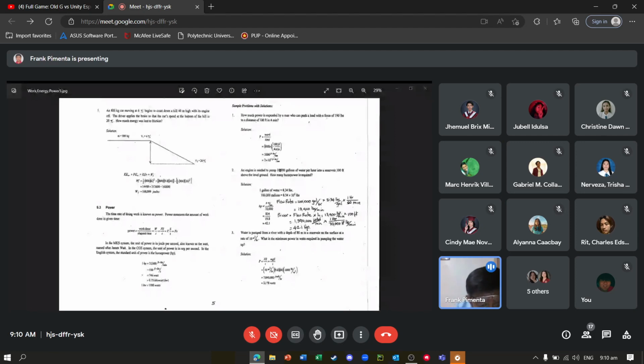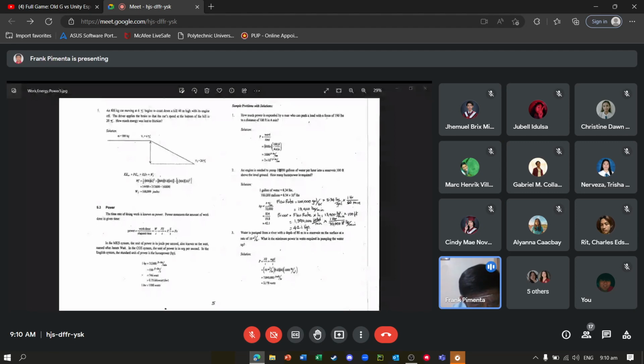In converting units of power to another system, we use these conversion formulas. 1 horsepower equals 33,000 foot-pounds per minute.